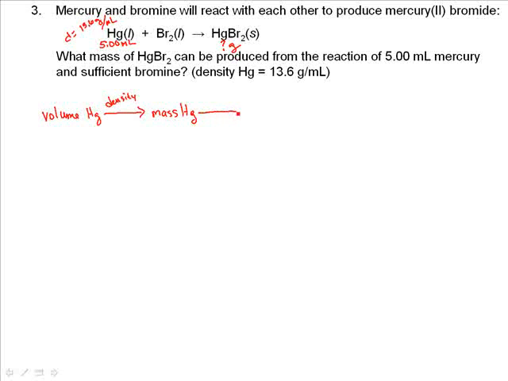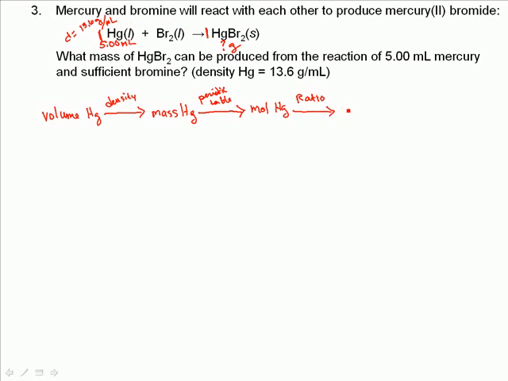All right, the whole object is to get to moles. So we use the periodic table to get to moles of mercury. And then we use the ratio from the reaction. It looks like it's a 1-to-1, or 1 mercury for every one of the compound.